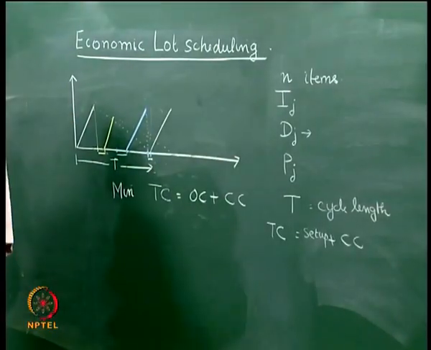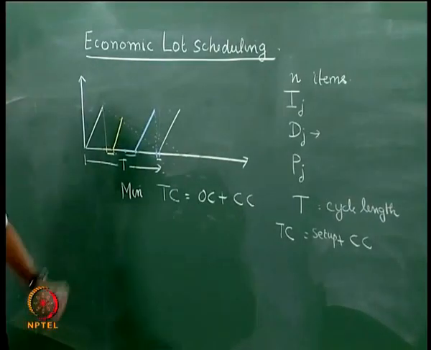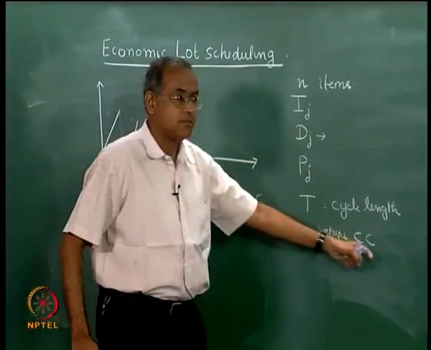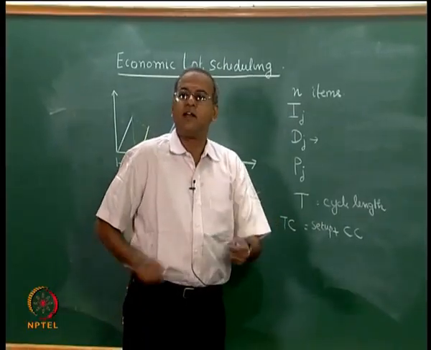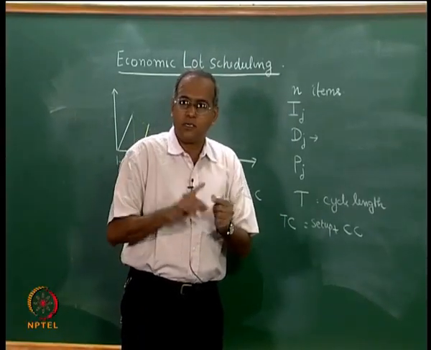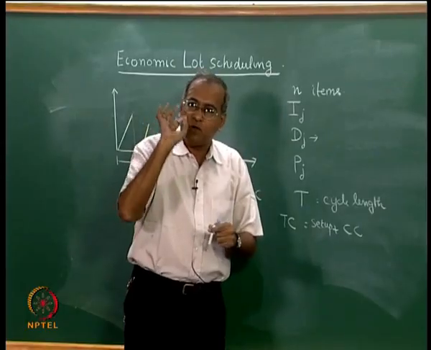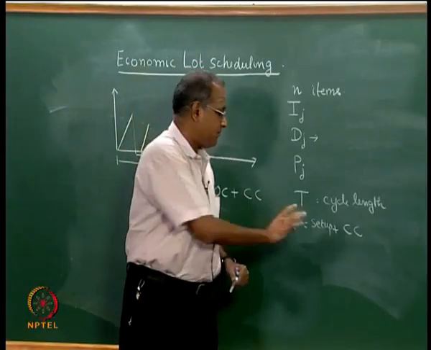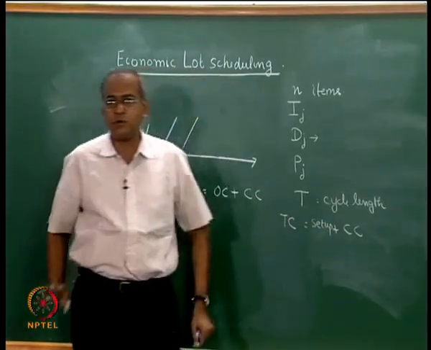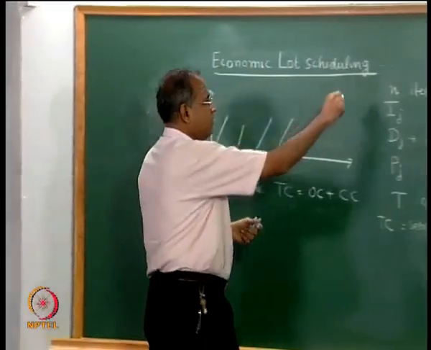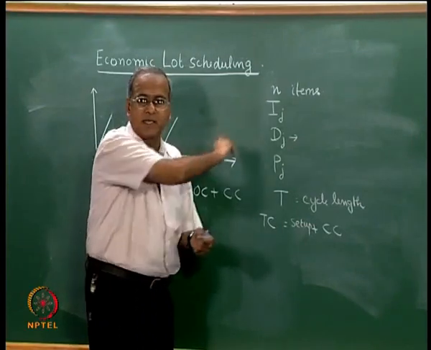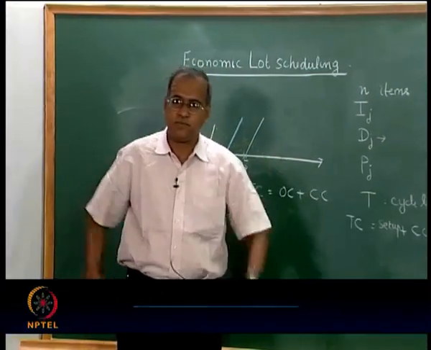So, the problem will now boil down to trying to maximize the cycle length, not to try and maximize the total cost. We will also show how the moment we assume that we want to maximize the cycle length, this objective automatically moves to maximizing the cycle length. For a given amount of inventory, what is the maximum cycle length that I can achieve?